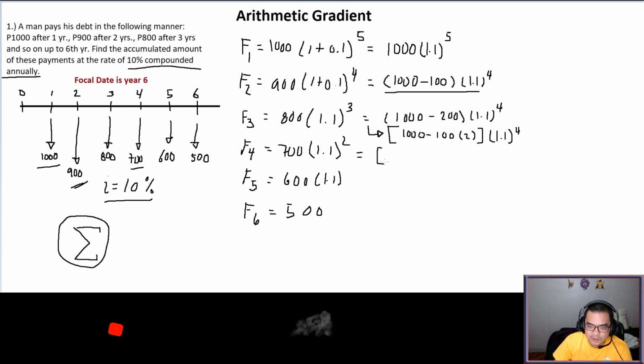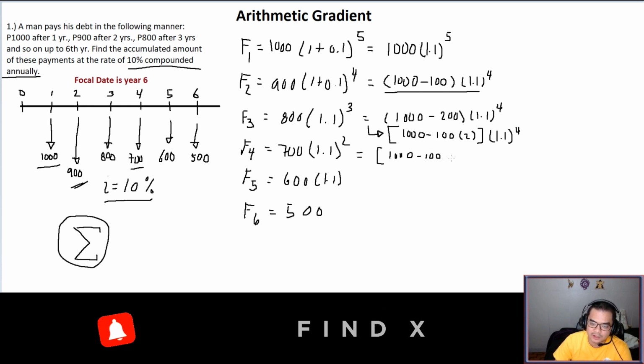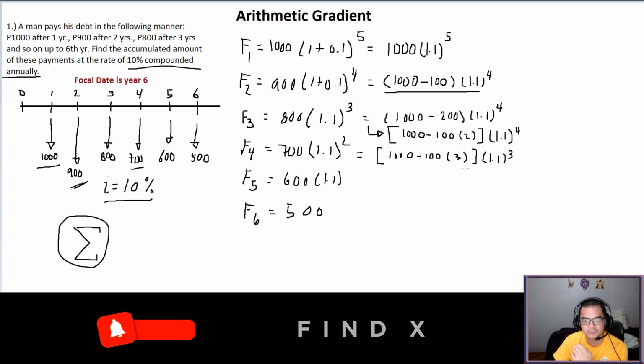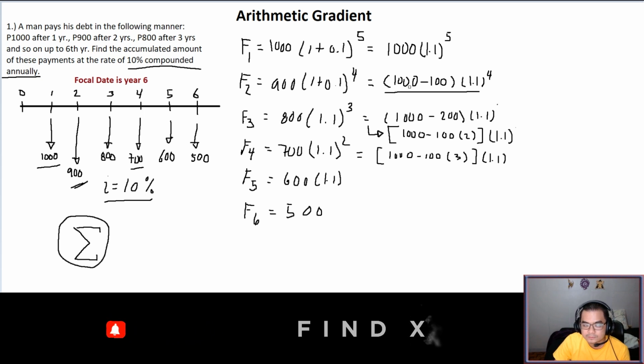So this one, we can rewrite this as 1000 minus 100. To make it 700, we have to subtract here 300, right? So this is times 3, raised to 1.1 raised to 3. Oh, sorry. So this must be 3. Sorry about that.